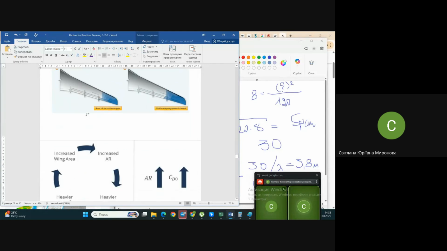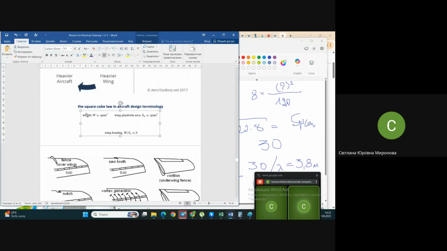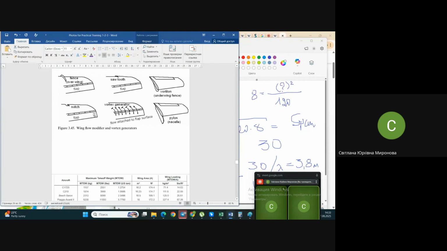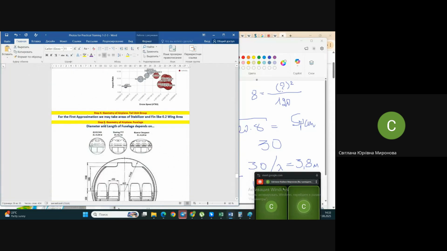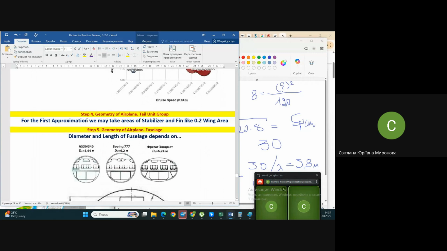And after this, we already have the geometry of the wing, at least. So let's think we have finished with the geometry of the wing. We're not finished yet, really, but let's think that we have. What is next?